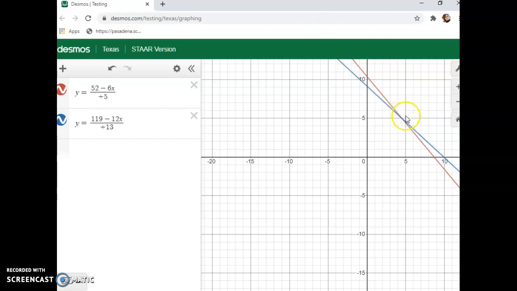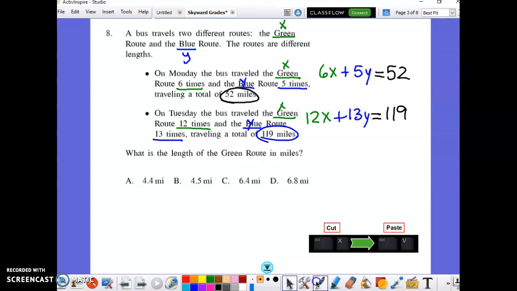So make sure that you do what I just did. I'm not going to give you the answer. So you're going to click on the intersection and see what the answer is. Remember that they're asking you for the green route. So when you find your answer, it's going to look like this. That's the intersection, right?